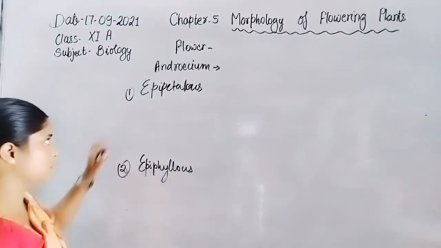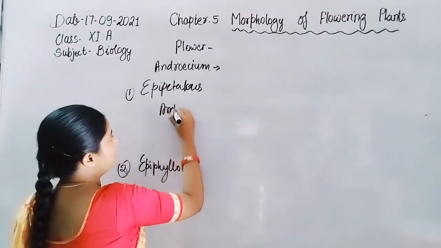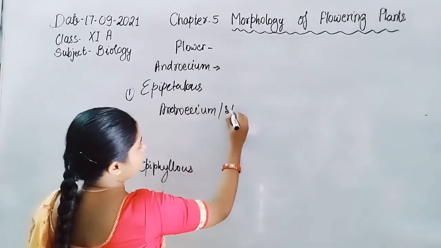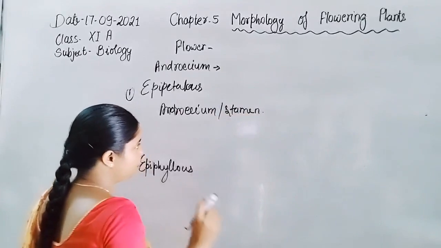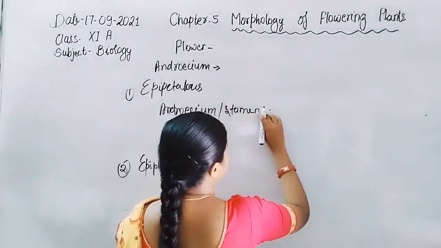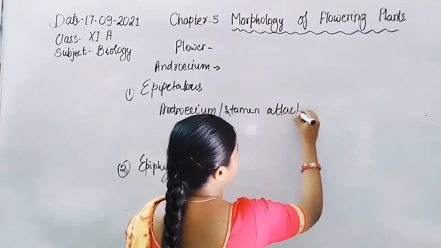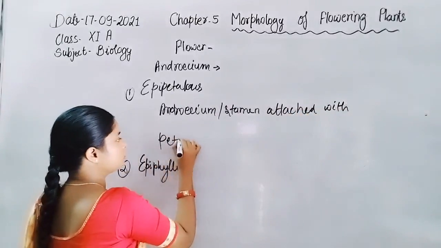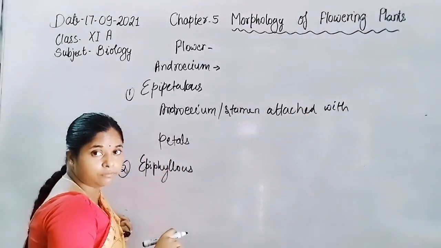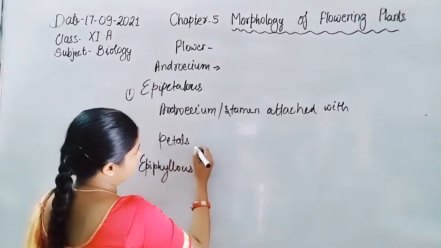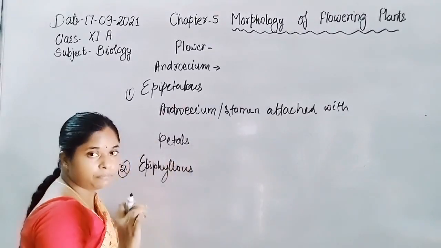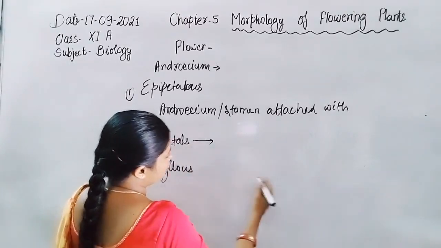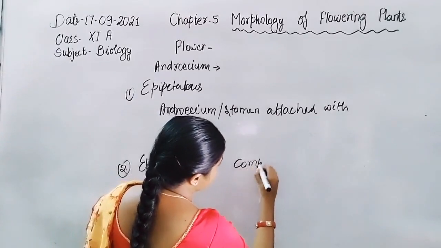When the androecium or stamen is directly attached with the petals, such androecium is known as epipetalous type of androecium, like in members of Compositae.